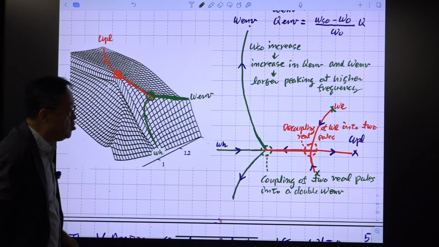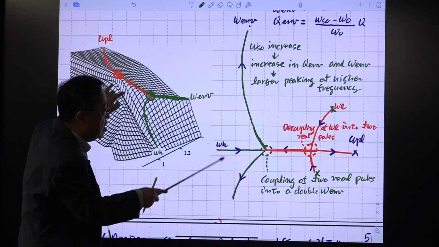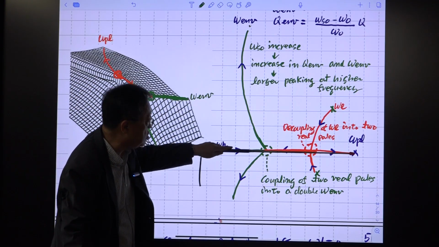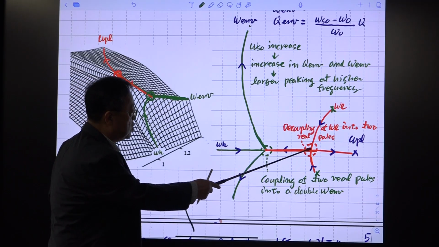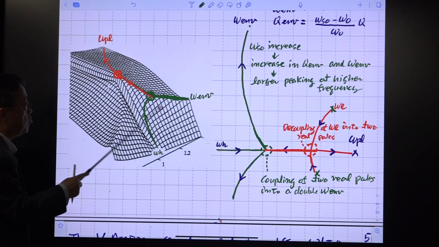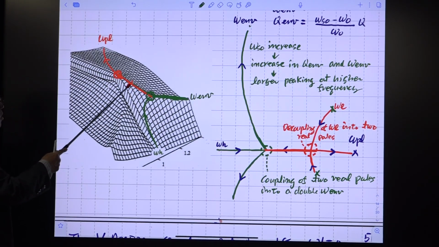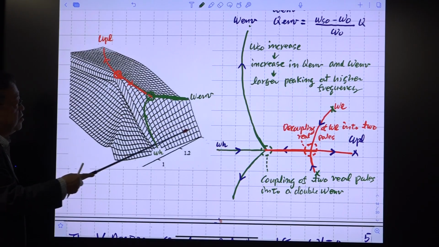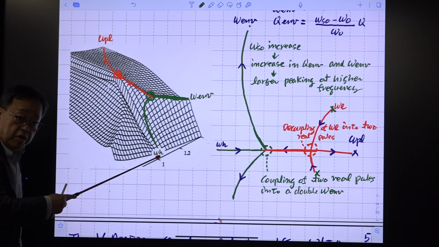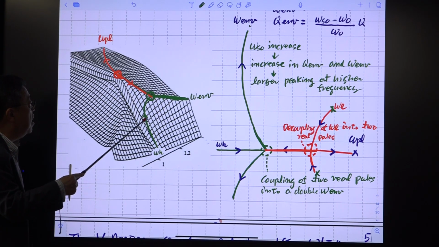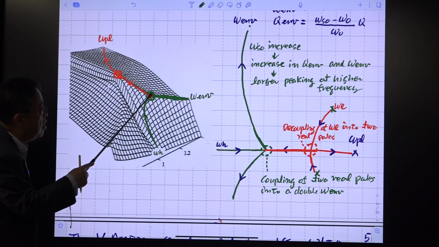When Q is reduced to 0.5, they split into 2 real poles. One pole goes in this direction, and another pole goes in this direction, right? So that is shown here. One goes to this lower frequency, and another pole goes to this higher frequency. And this omega H was here, and is coming down at omega n frequency, and they meet together here at this point.